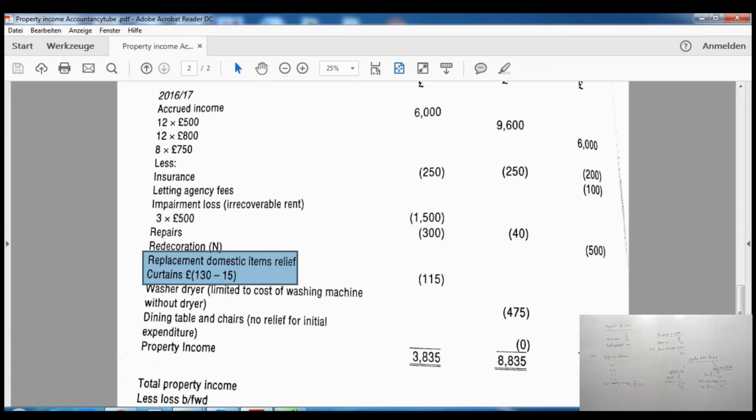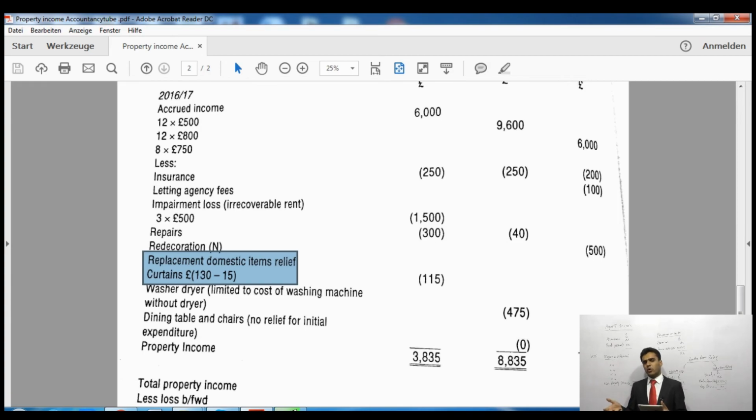Now the washer dryer is limited to the cost of a washing machine. The previous one might have been different, I can't read the question again, but please make sure you read the question. There was a difference. The previous one which he had was a washer and dryer.